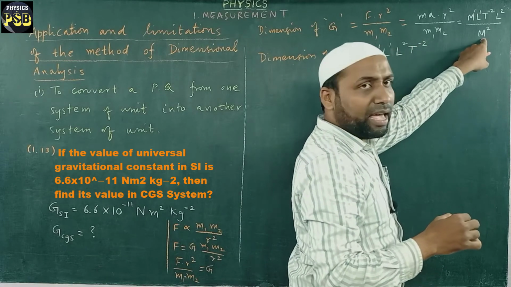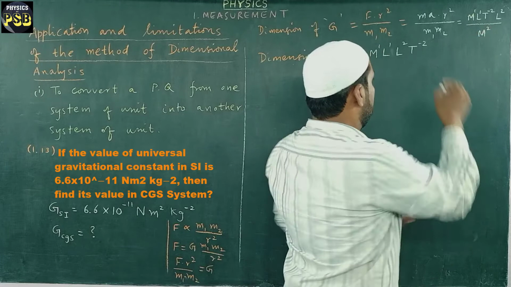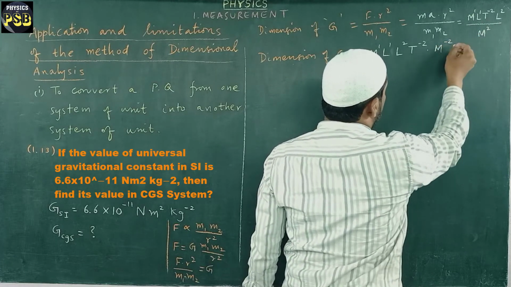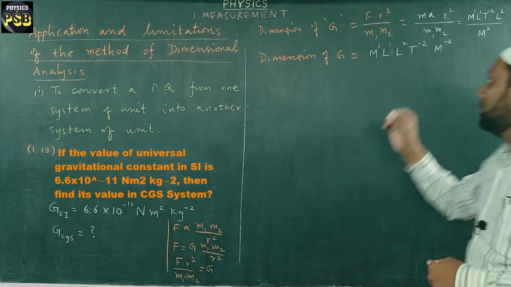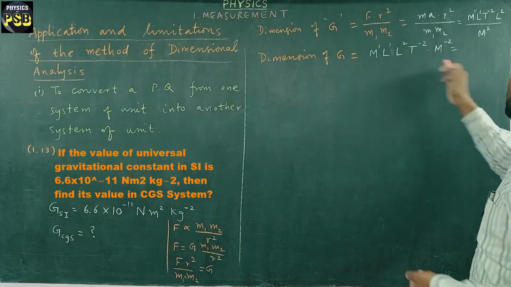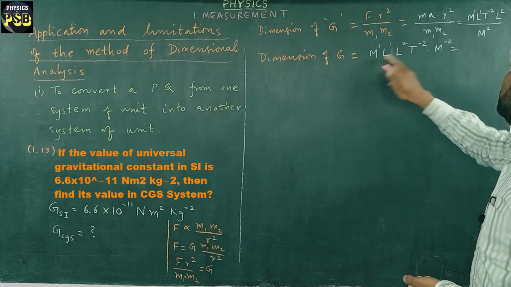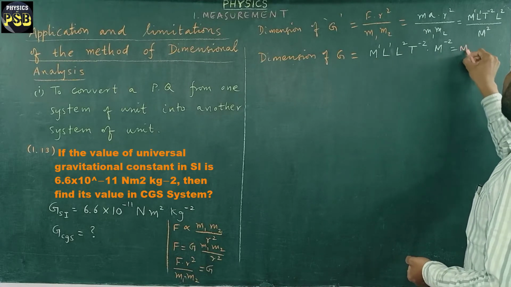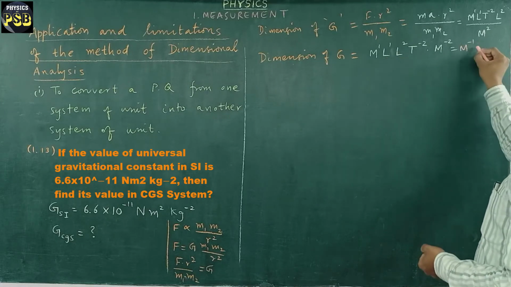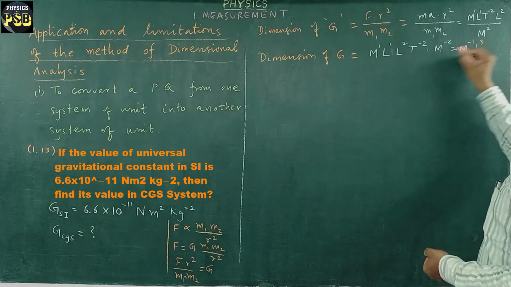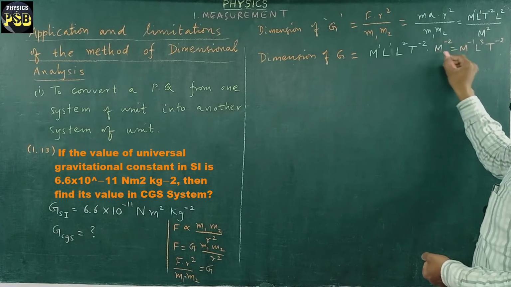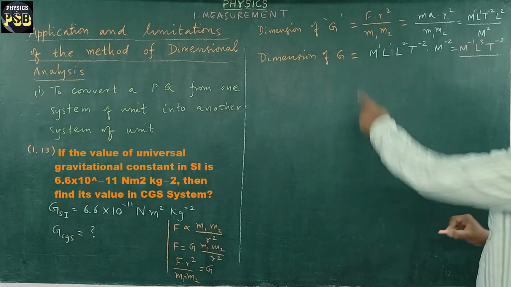Now I take M power 2 to the numerator. So what will happen? 2 will become minus 2. So on simplification, it becomes something like this. M power 1 into M power minus 2 is M power minus 1. Then L power 3 and T power minus 2. This is the dimension of G.